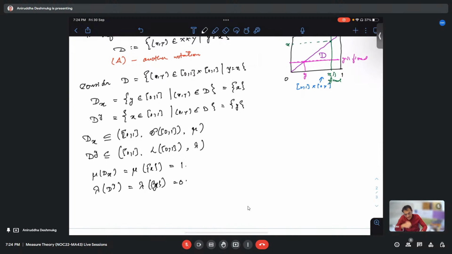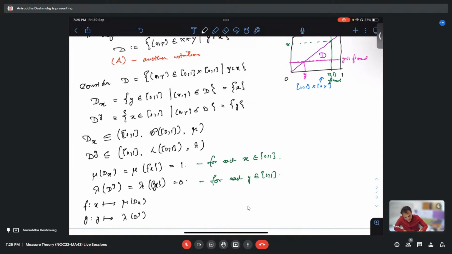And notice that this is true for each x, and this is true for each y. All in all, what we are saying is that these functions f, which takes x to the measure of D_x, and g, which takes y to the measure of D^y, are basically constant functions. So f at any x is 1, g at any y is 0.